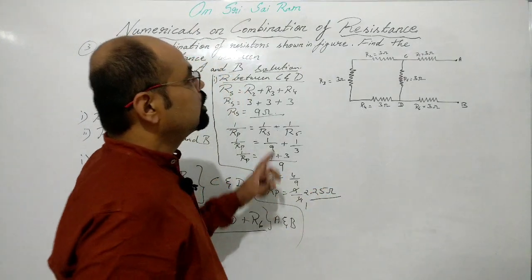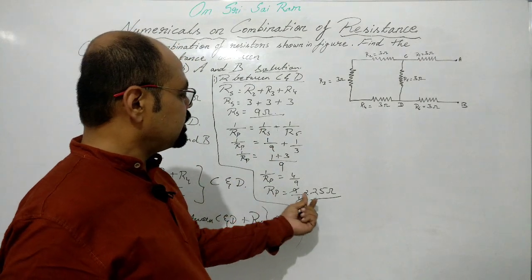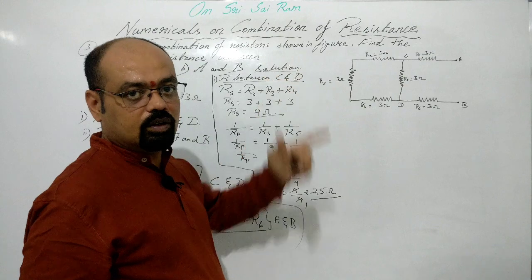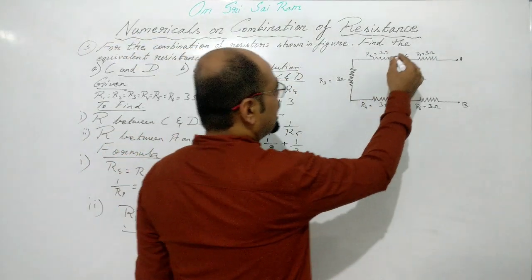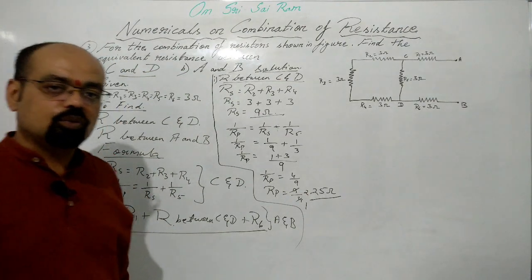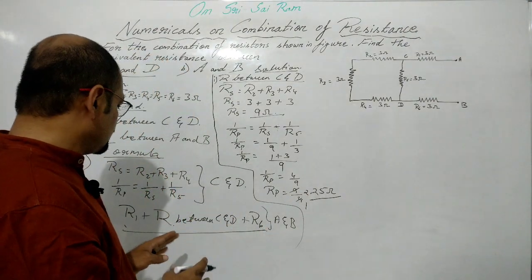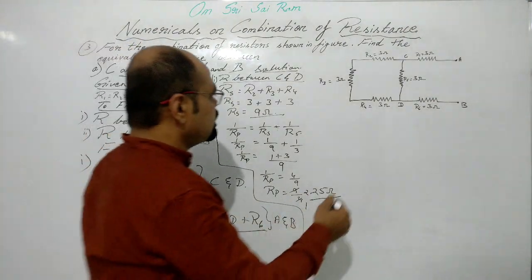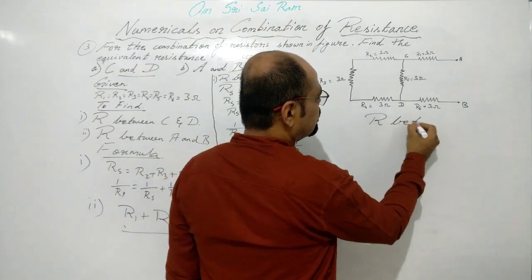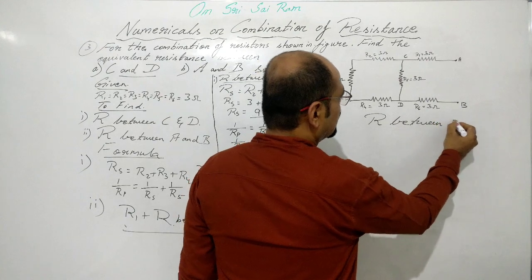This Rp is the resistance between C and D. Okay, so between C and D, how much we got? We got it as 2.25.